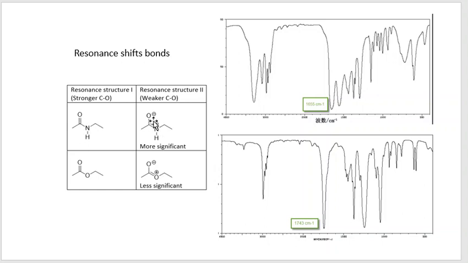And so the carbon-oxygen bond actually has a lot of single bond character. Because it has single bond character, that shifts the carbonyl to a lower number than we usually see. Whereas for an ester, it is more significant to have a carbon-oxygen double bond. That's a more significant resonance structure, and that shifts that carbonyl to the left, to the more double bond side of the IR.